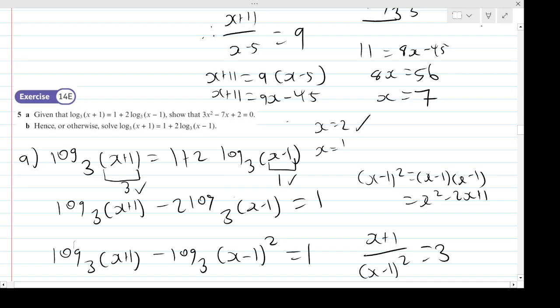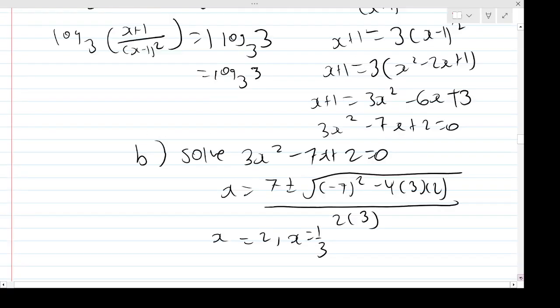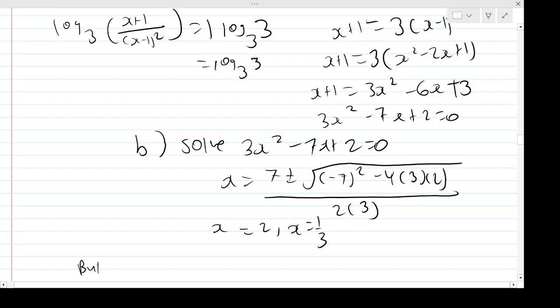What if then x is a half? Well, if I plug a half into each log, I'd get a half add 1, that's 1.5, and then a half minus 1, that's negative 0.5. That's a negative. So x cannot be a half, right? A third, my apologies. It's still the same thing.